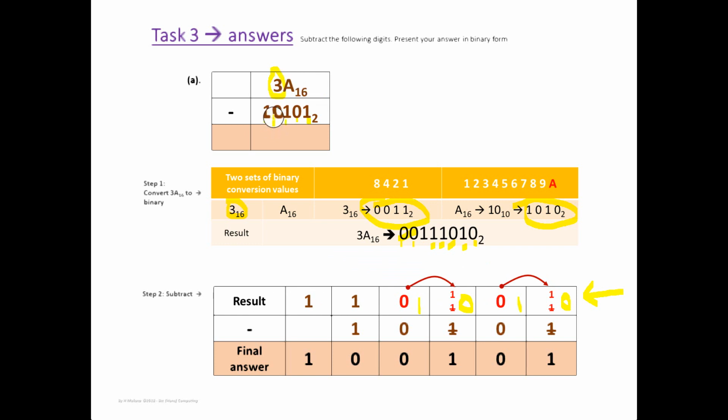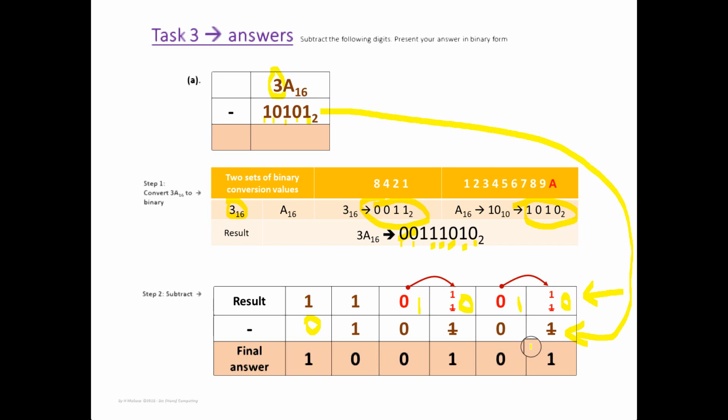And then you write this value here, you bring it down like that. So it's 1 0 1 0 1, writing from right to left. Now they're ordered well, so we put a 0 here and a 0 there, just so we can even up all the binary digits. Then you do the subtraction.